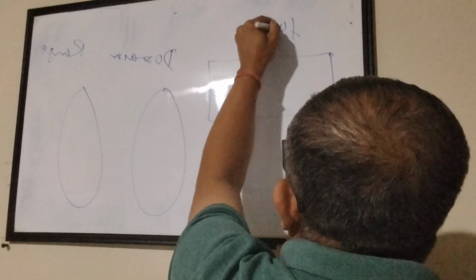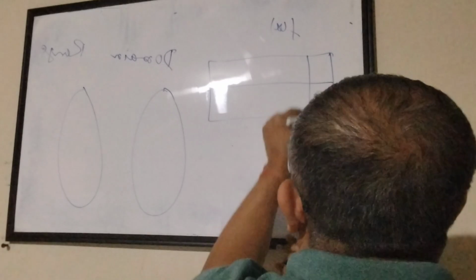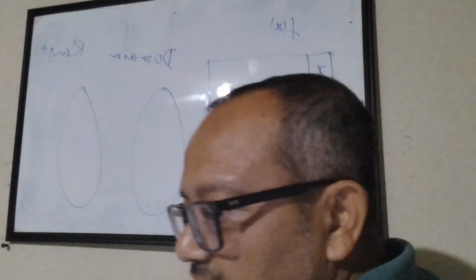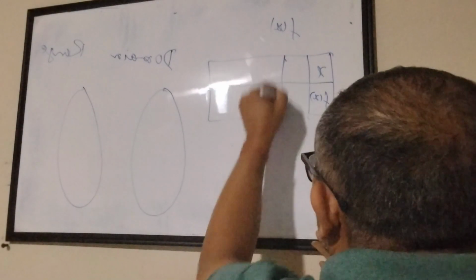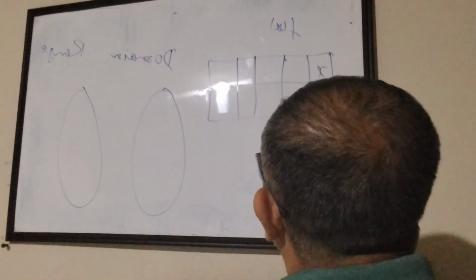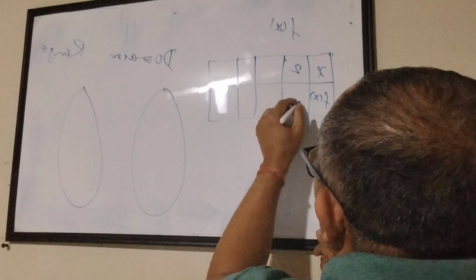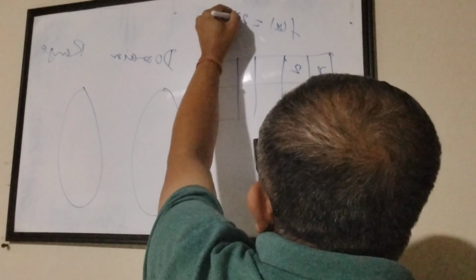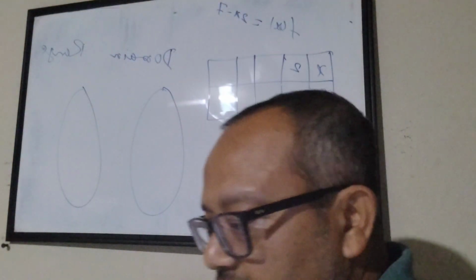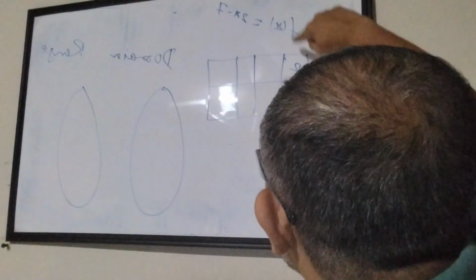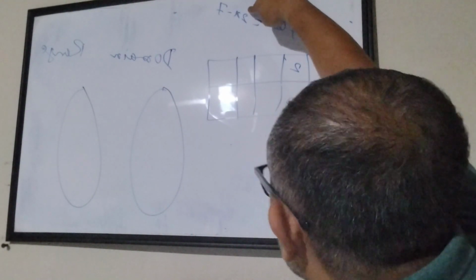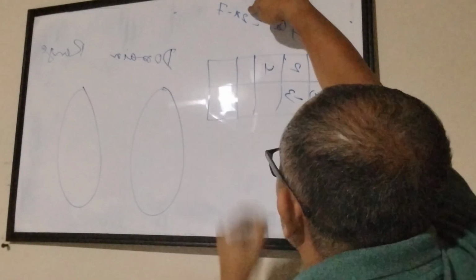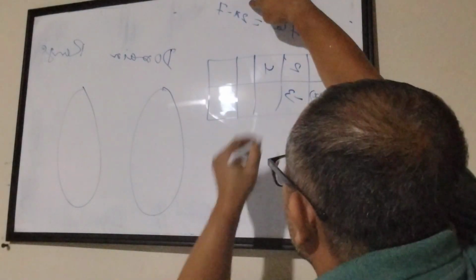This is my x value and this is my corresponding y value. Let's say the function is 2x minus 7. When x equals 2, this becomes 4 minus 7, which is minus 3. When x equals 4, it becomes 8 minus 7, which is 1.